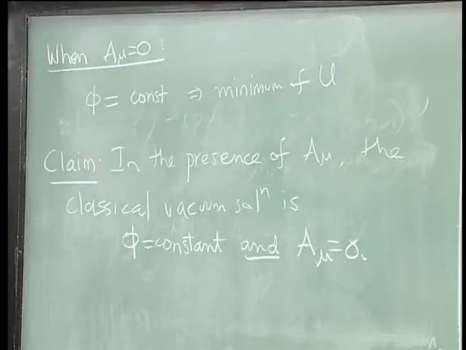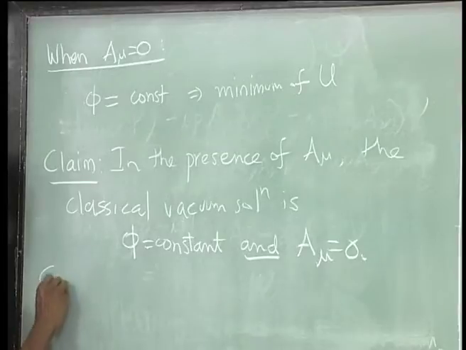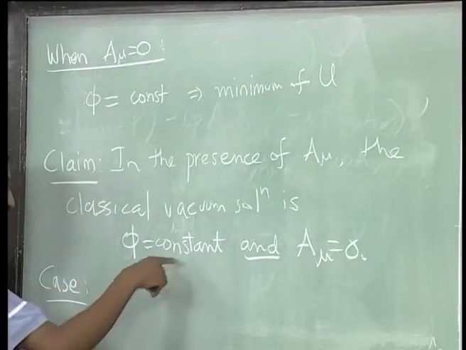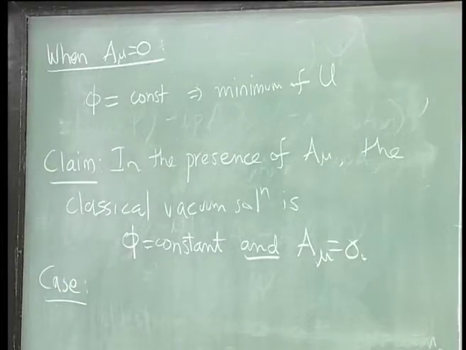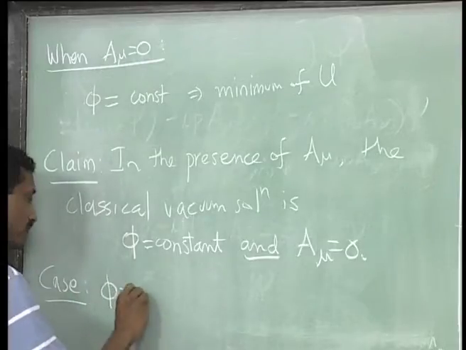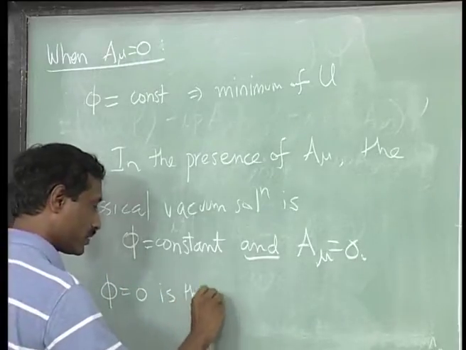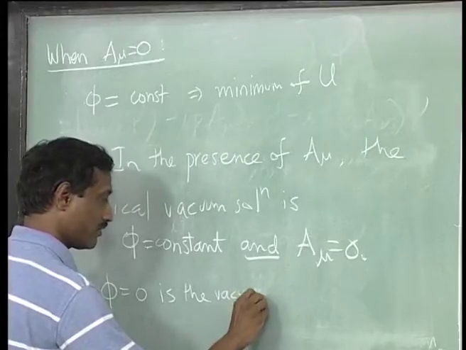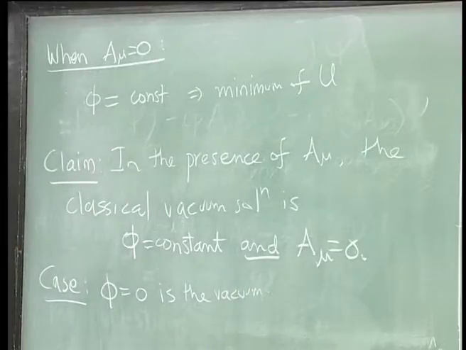but actually there is something different now from the earlier thing. Let's now look at the case when the constant is 0, when phi is equal to 0 is a vacuum. This is the case when you do not have spontaneous breaking of SO(2).